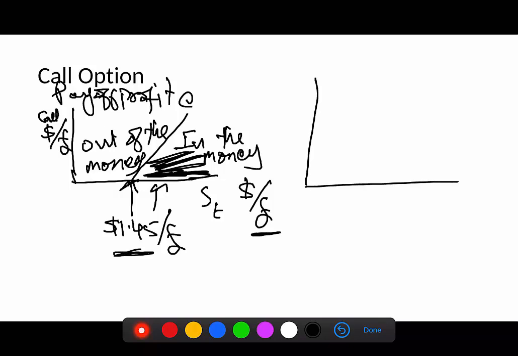For the call option seller, the payoff profile is something like this. Whatever is the gain of the call option buyer is actually the loss of the call option seller. So in the money and out of the money.